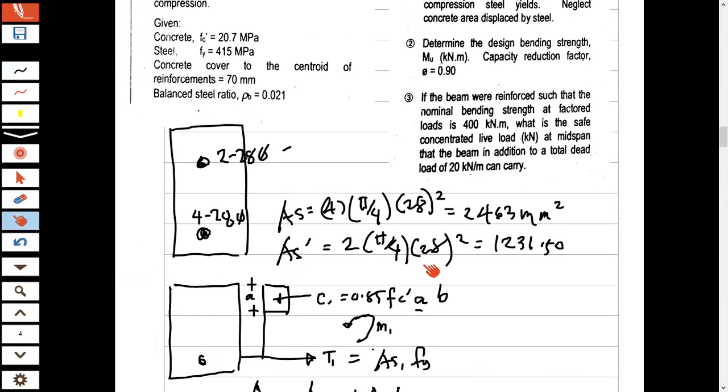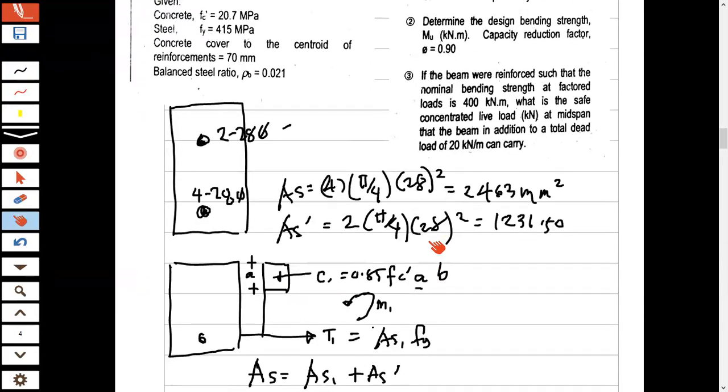Okay, that's the next question. Determine the design bending strength Mu with capacity reduction factor of 0.9. So you have here number 2, tinatanong yung Mu. Mu is just equal to phi Mn, or M1 plus M2. Ano yung M1?